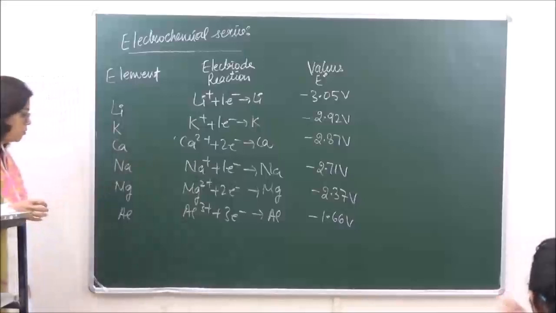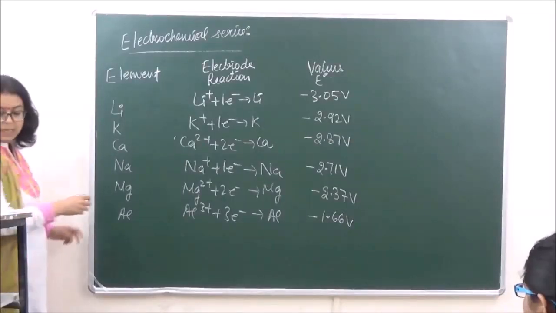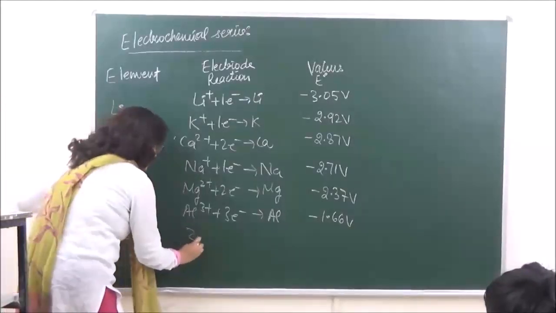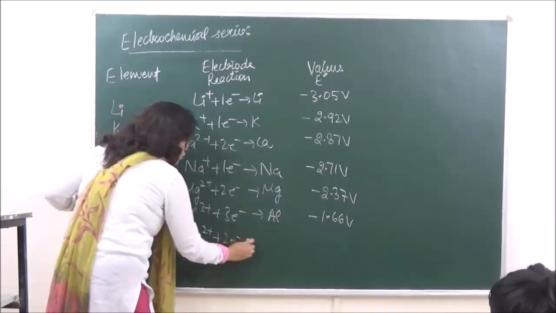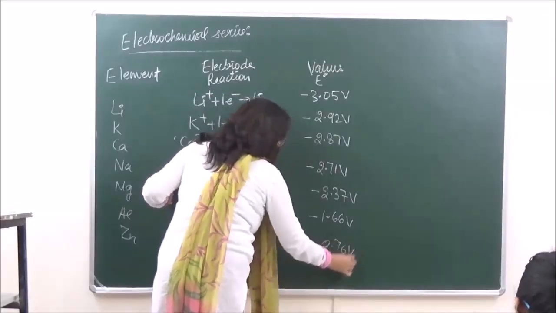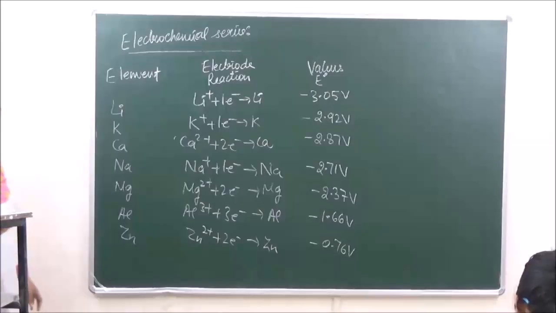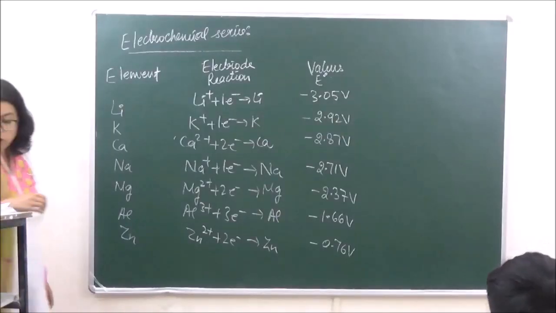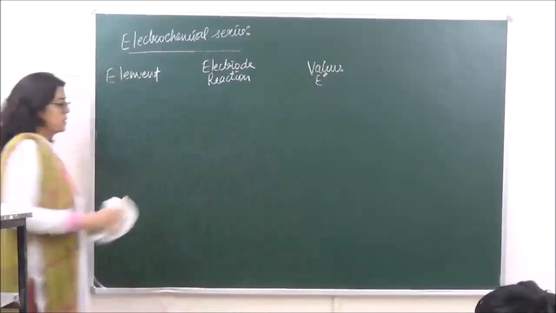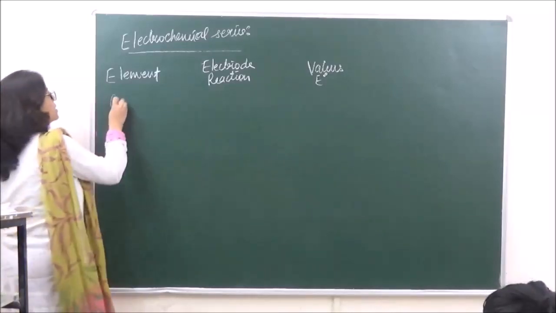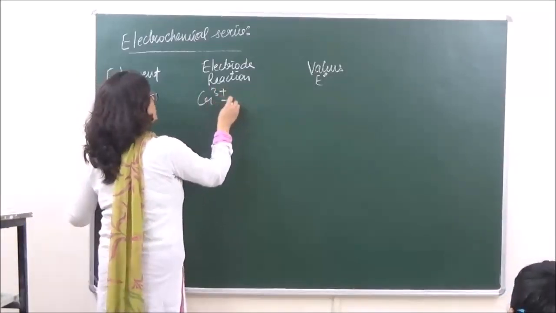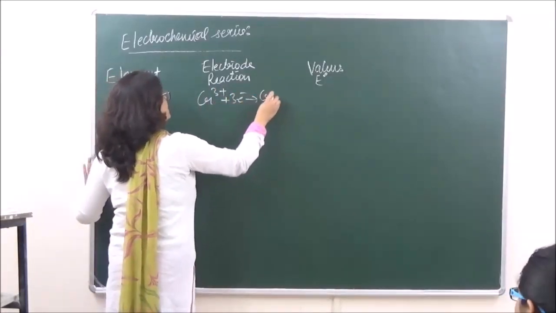Then after magnesium is aluminium, Al3+ plus 3 electrons to give us aluminium, and the value is minus 1.66 volt. Then after aluminium comes zinc, and the reaction is Zn2+ plus 2 electrons to give us zinc. The value over here is minus 0.76 volt. Then after zinc comes chromium, and the reaction of chromium is Cr3+ plus 3 electrons to give us chromium.